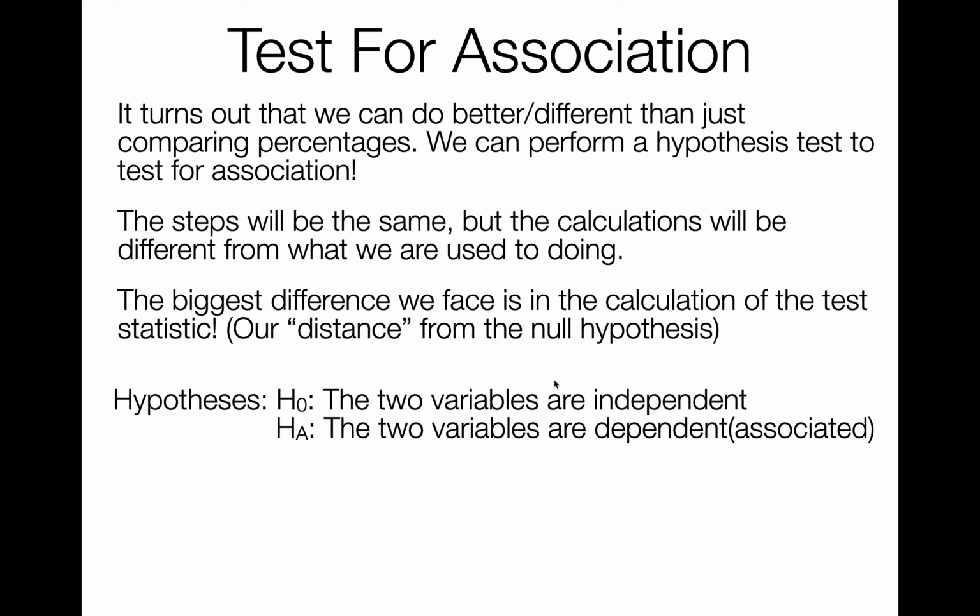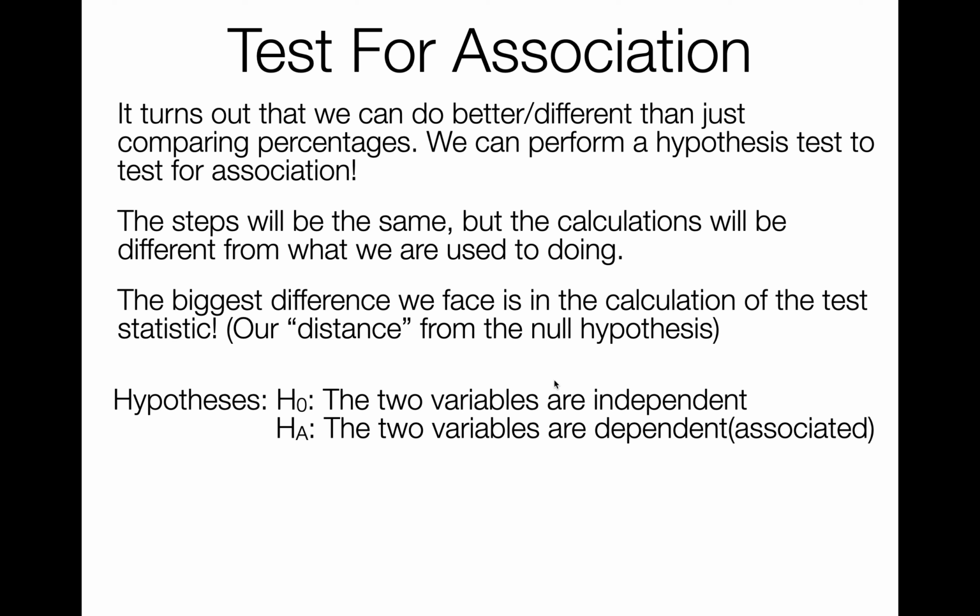The two competing hypotheses, again, not numbers, are words, and they say that the null hypothesis is that the two variables are independent and have no association. And the alternative hypothesis is that the two variables are dependent or associated in some way. Those are the hypotheses that we're working with.